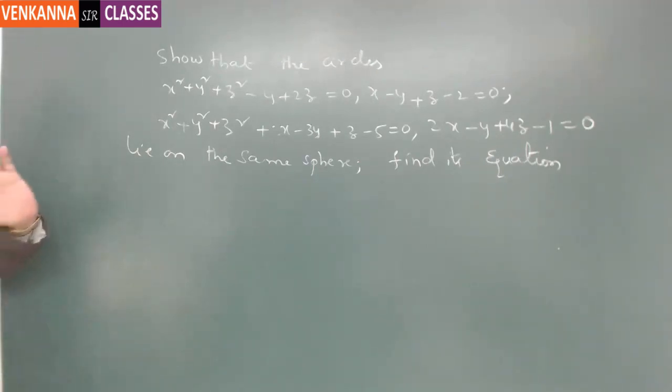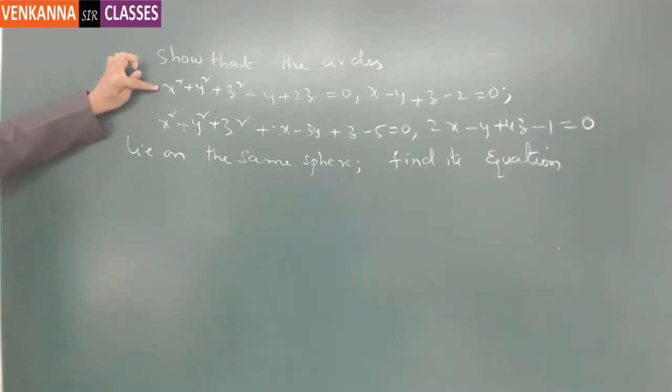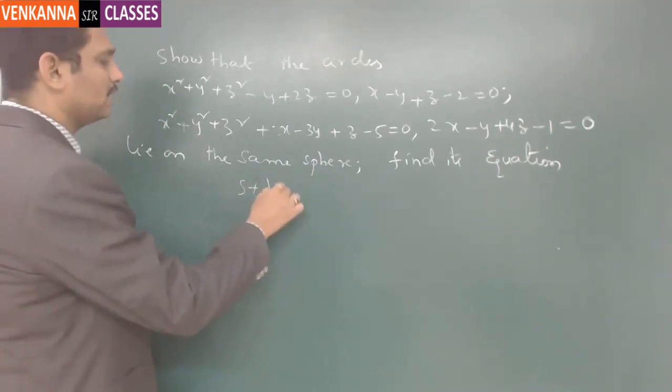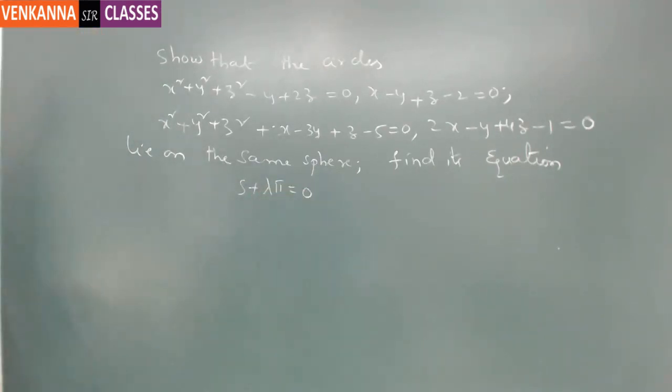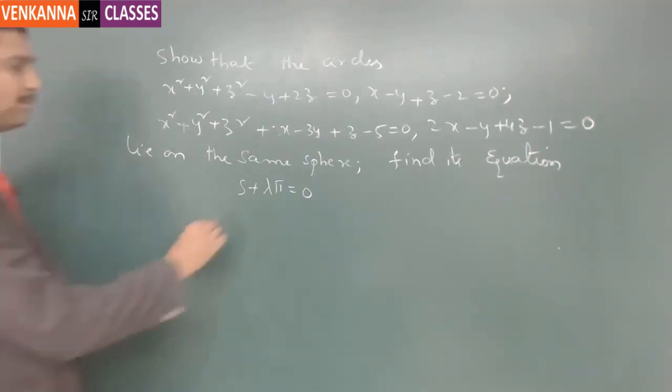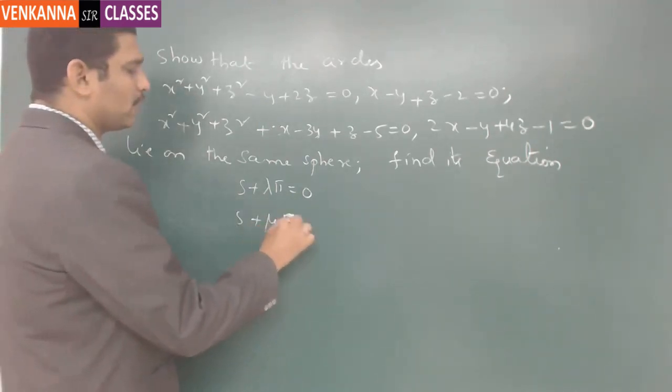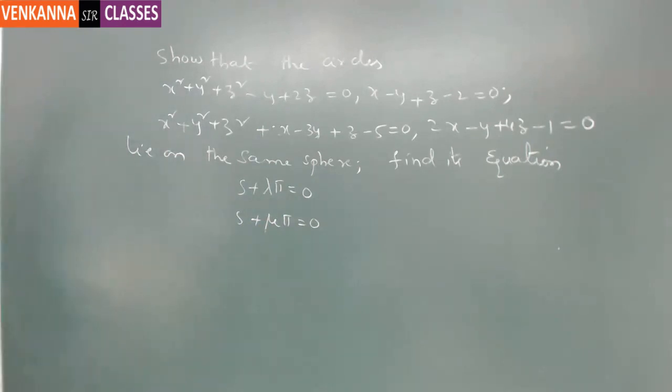So the approach here is, I will consider a sphere which passes through the first circle, say S plus lambda pi equal to 0. Also, I will consider a sphere which passes through the second circle, let us say S plus mu pi equal to 0. If the two circles belong to only one sphere, then these two are nothing but the same equation.